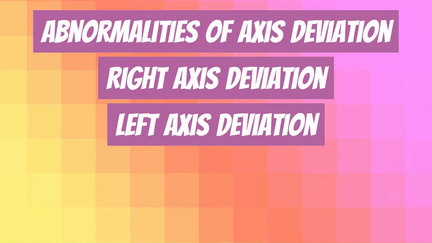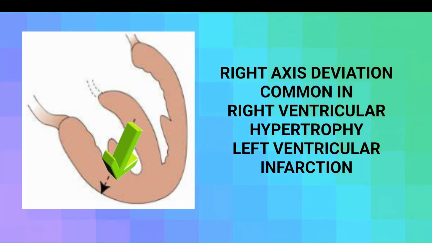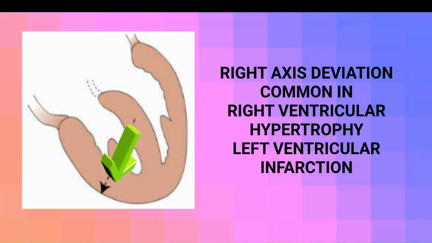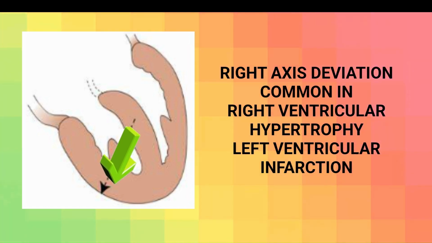Now we will try to see what exactly happens in right axis deviation. As we already saw in the previous image, the normal electrical axis was moving from the right atrium and entering into the left ventricle. But in case of right axis deviation, the average direction of electrical activity will be towards the right ventricle. Right axis deviation is commonly seen in right ventricular hypertrophy and left ventricular infarction.